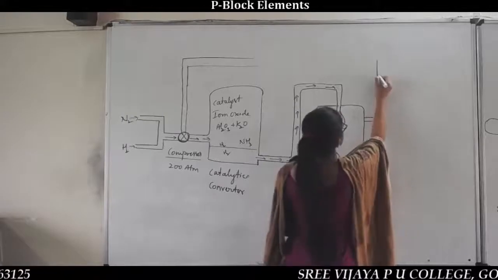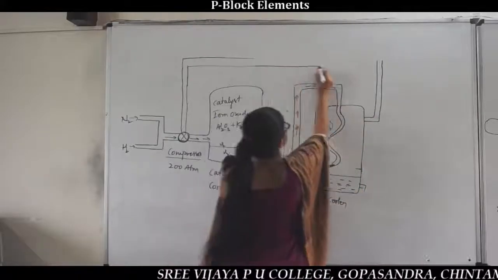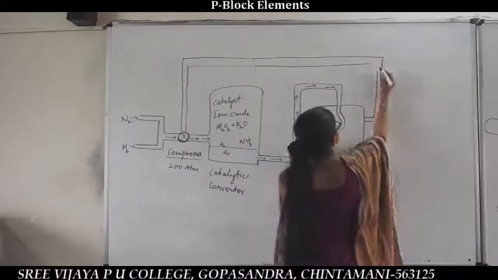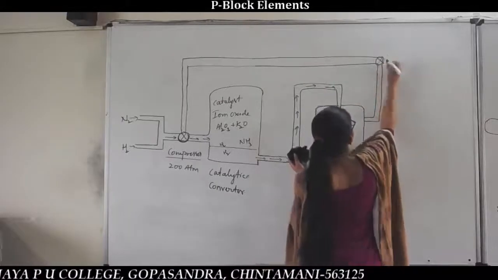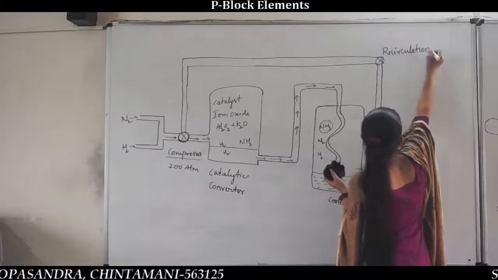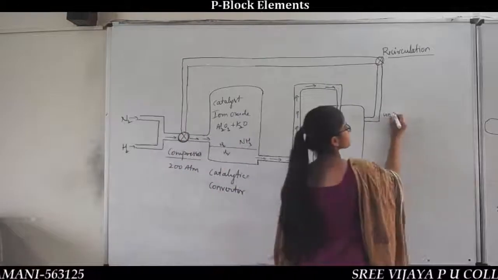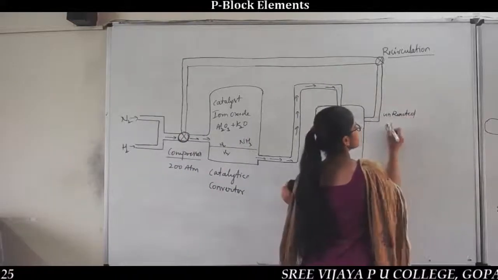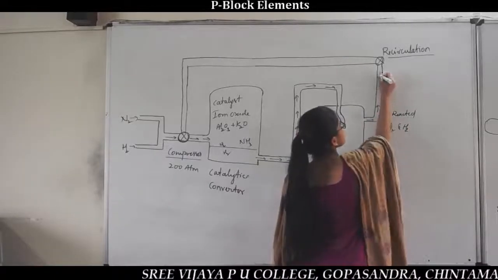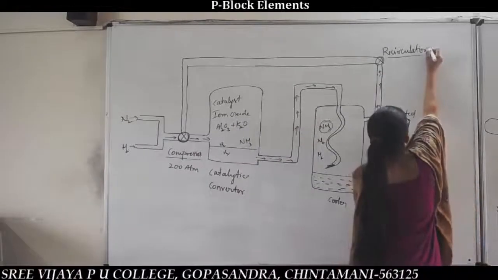passed through the catalytic chamber. This is called recirculation, or the recirculator. So what happens here is the unreacted nitrogen and hydrogen are again passed through the recirculator, a process called recirculation.